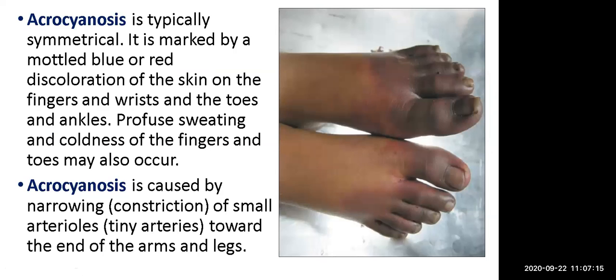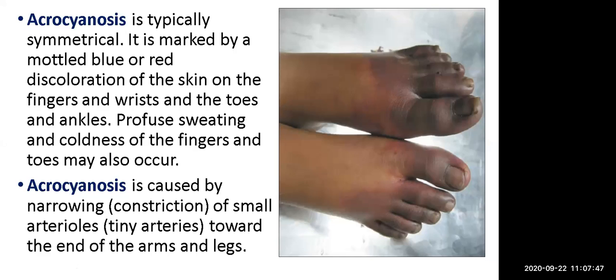What's happening? Is it typically symmetrical? So what does it mean, typically symmetrical? It means both legs will have symmetrical acrocyanosis. Because you can have a patient where one leg is blue, other leg is a little bit blue or no color.